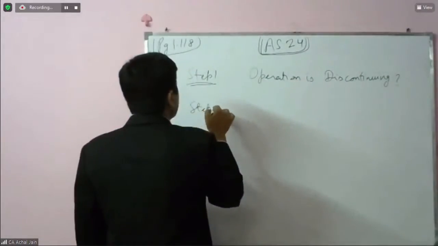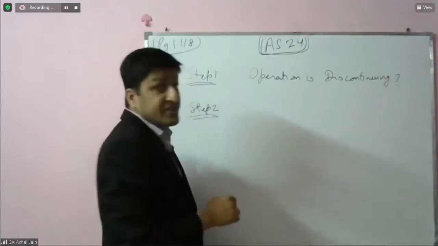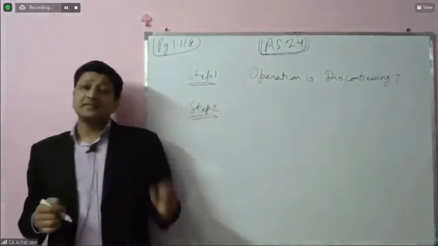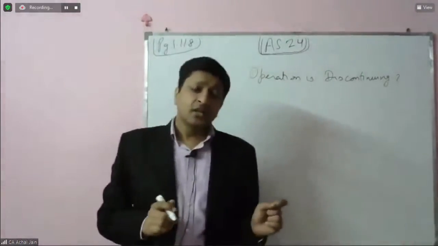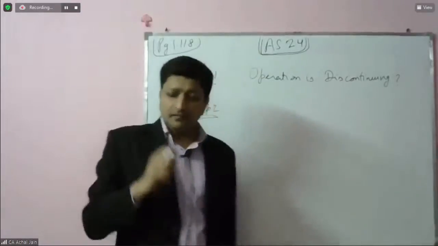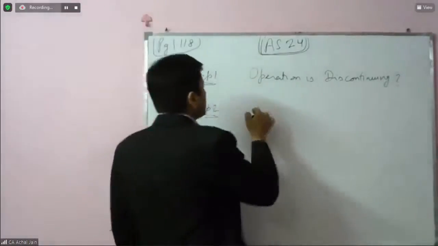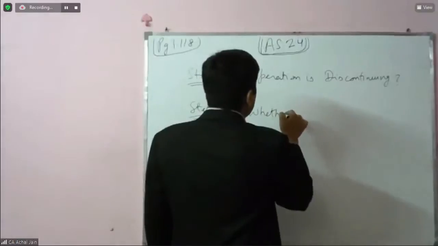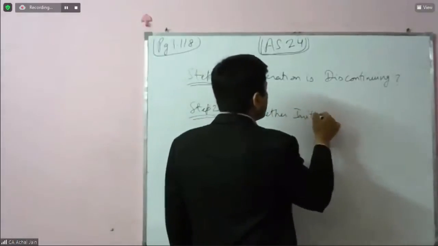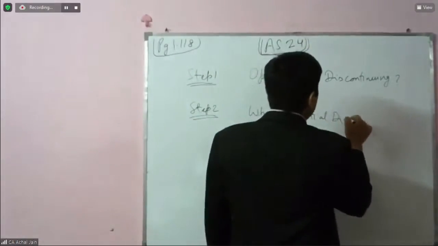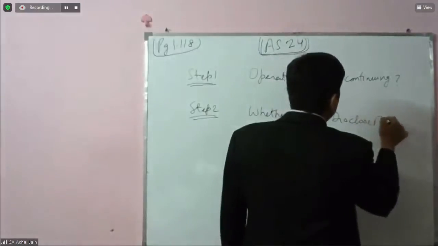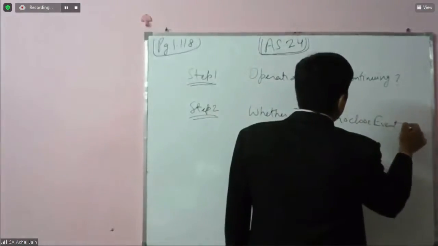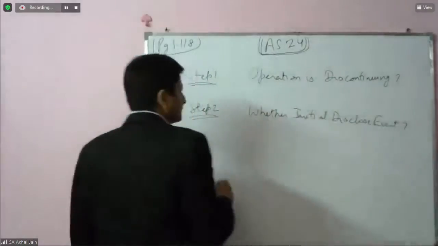Step 2. We check whether the event has taken place so that the disclosure should be given, whether the initial disclosure event is there or not.